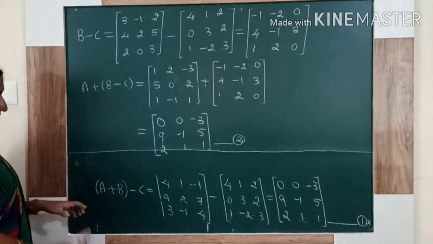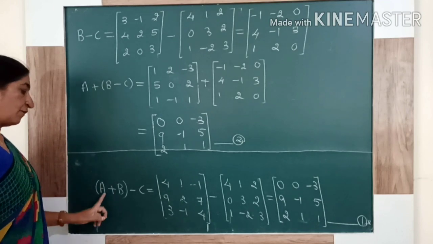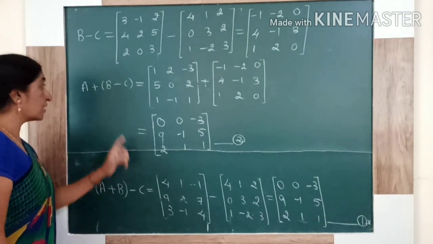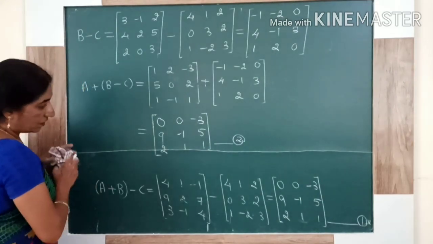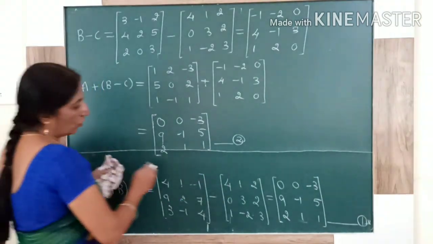So they are asking to find A plus B, so we did. And after that A plus B minus C. After that we calculated B minus C, then this result. See in equation 1 and 2, what are you observing?